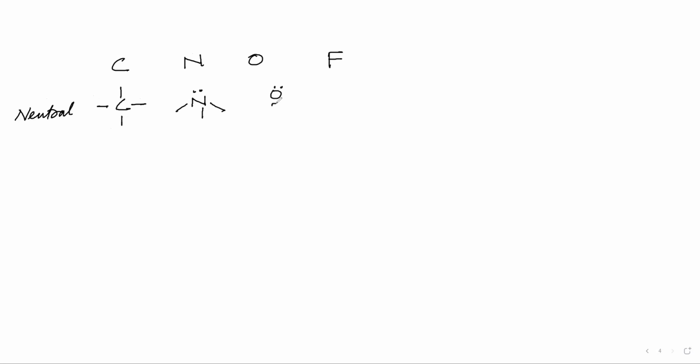Oxygen, when neutral, will have 2 lone pairs and 2 bonds. Fluorine, when neutral, will have 3 lone pairs and 1 bond. Can you see? 4 bonds; 3 bonds plus 1 lone pair; 2 bonds plus 2 lone pairs; 1 bond plus 3 lone pairs.